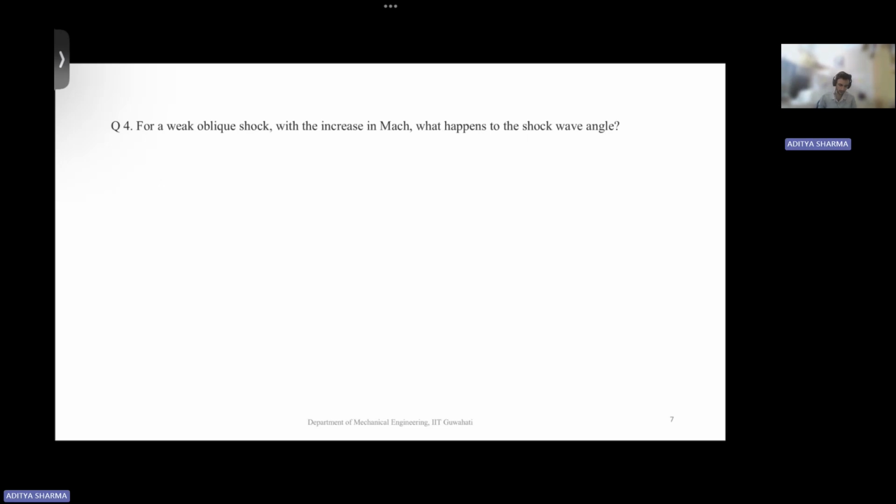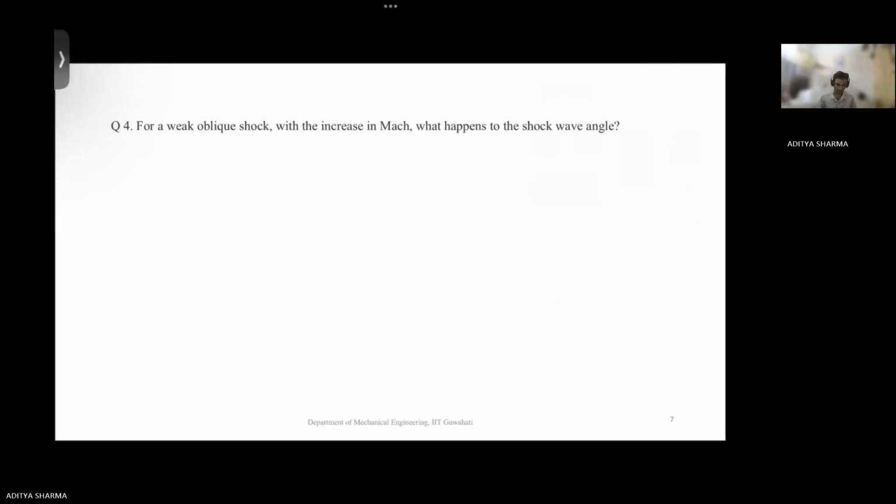For question number 4, it says that for a weak oblique shock with increase in Mach, what happens to the shock wave angle?